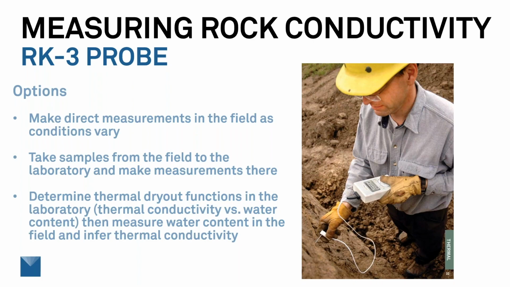And then a dry out function is determined. The relationship between water content and thermal conductivity that I showed in an earlier slide is determined. Then from that curve and a water content measurement in the field, we can know what the thermal conductivity of the soil is.